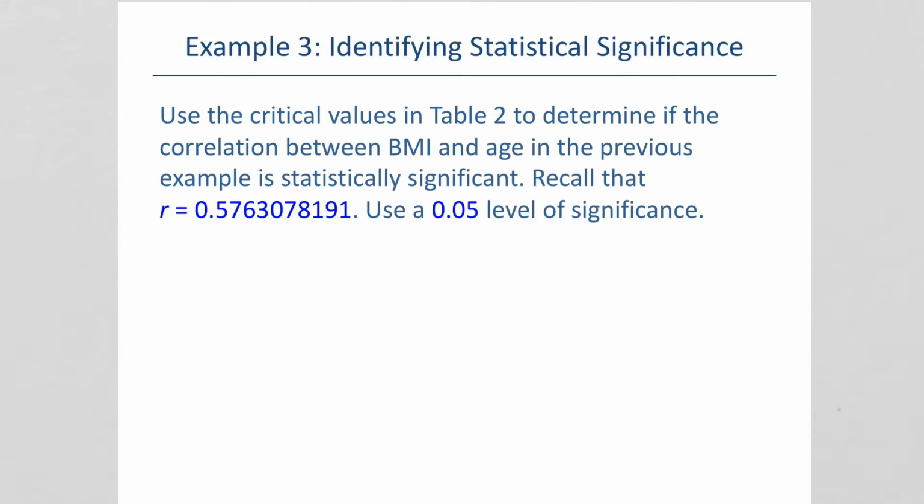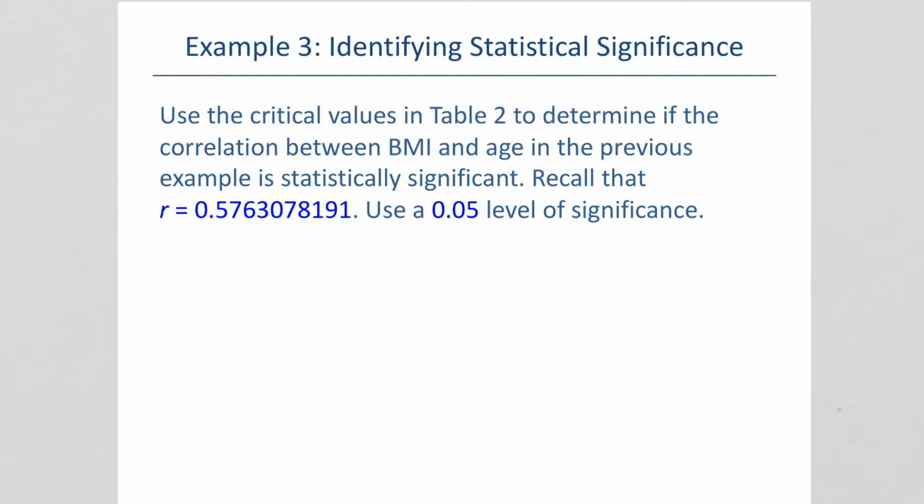Use the critical values to determine if the correlation between BMI and age, in example 2, which we'll look at more in a minute, is statistically significant. And we found in example 2 that R is 0.5763078191, and we're going to use a 95% or 0.05 level of significance.